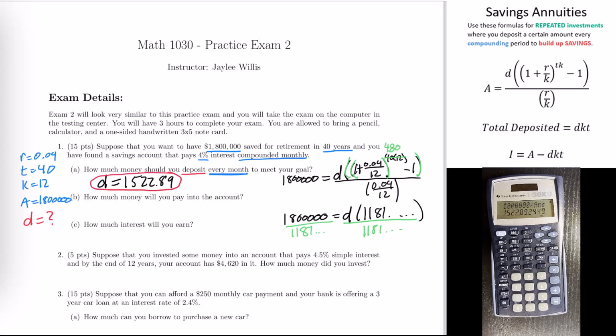Then for part B, to figure out how much money I need to pay into the account, I'm going to take that deposit amount and multiply that by 12 months per year and multiply that by 40 years.